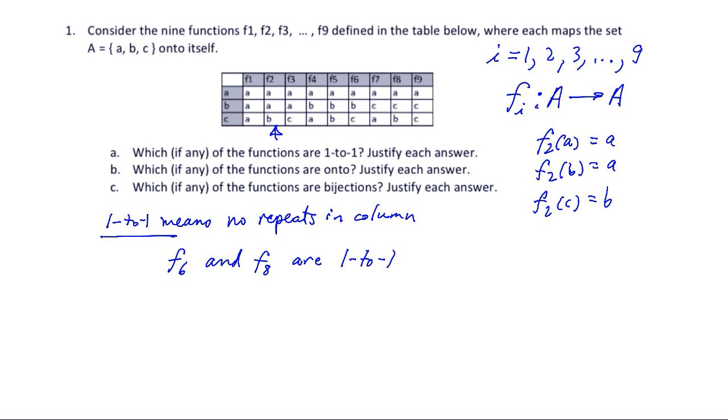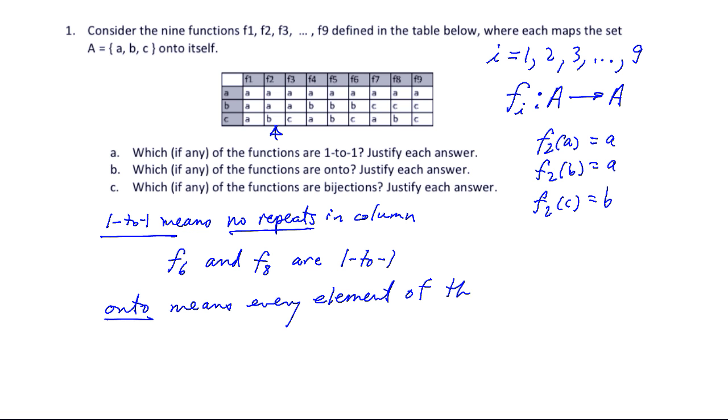No repeats. Okay? When we look for an onto function, we look for every element of the range being in the column. Okay, every element of the range is in the column.